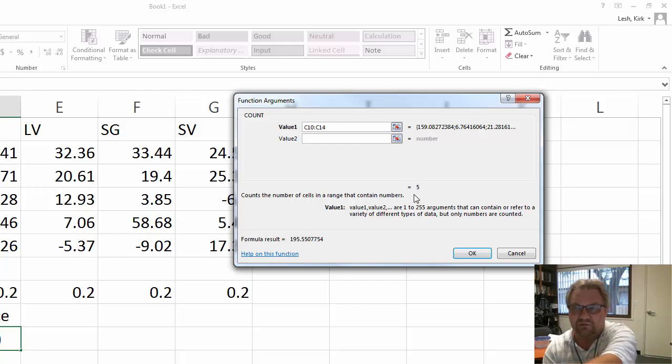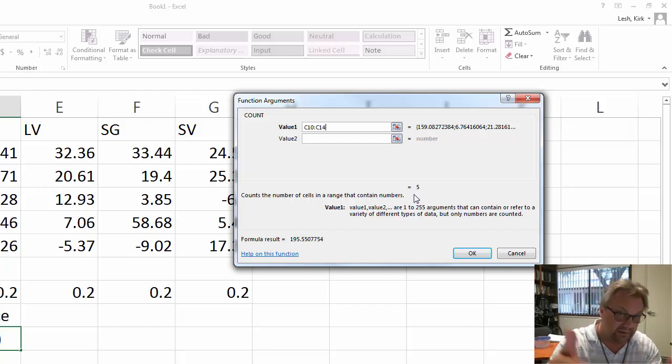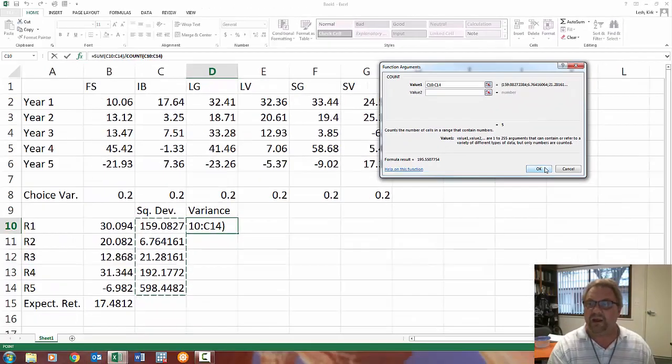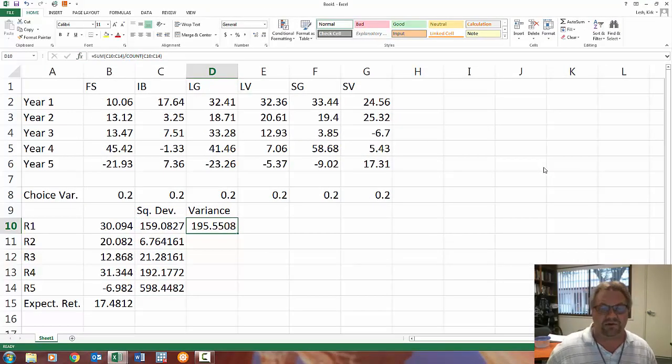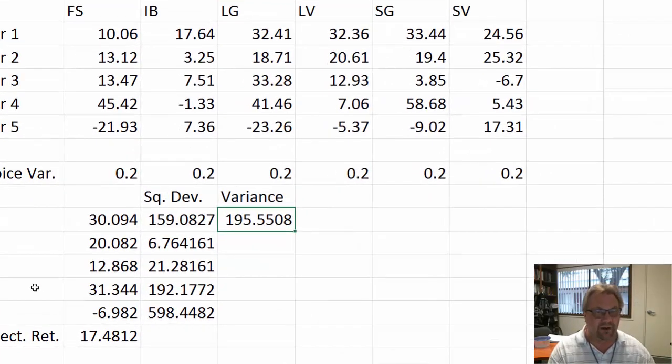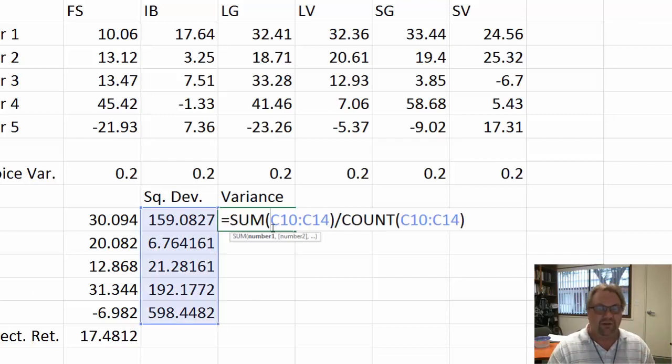I don't know if you can see this on my screen, but this function is returning a value of 5 because the count function just says, count how many items are in this box of cells, right? Now the reason I'm suggesting you use the count function is because then you don't have to worry about how many potential returns you have, right? I mean, what if you're doing this over like 100 stocks? You don't want to be counting how many stocks you have in your little universe by hand. You just want to do it with the count function. That's why I'm suggesting that. It just makes your life easier.